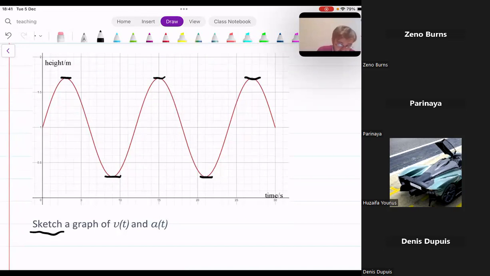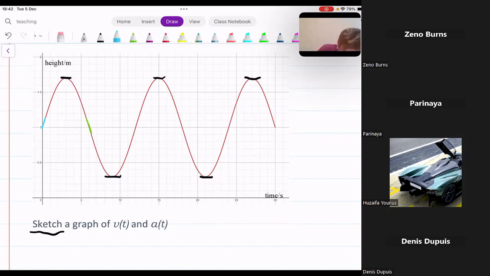Now, when is velocity at its maximum? Velocity is at a maximum when the gradient, or the steepness, of the line is at its steepest. The gradient we see is steepest here. Then it gets shallower and shallower until it gets here. Then it gets steeper again, but in the negative direction.